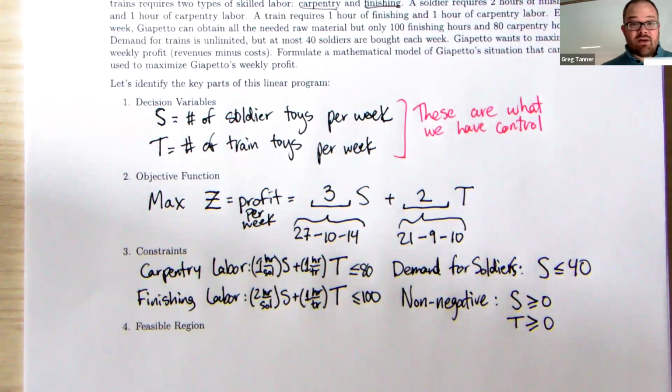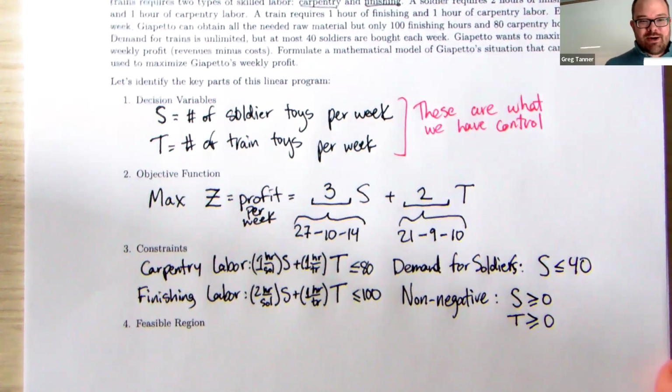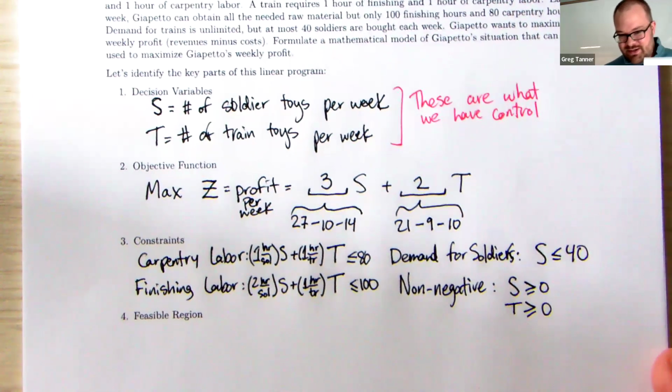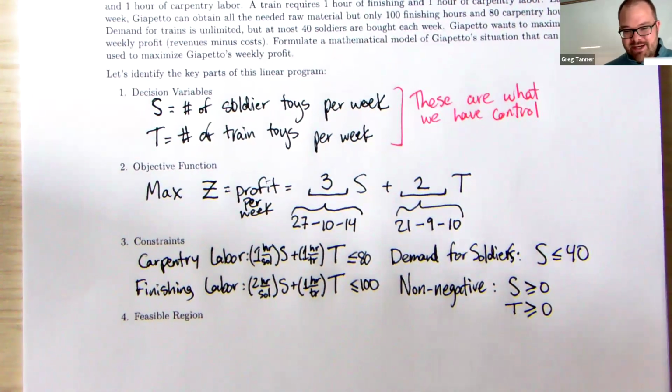We can't sell anti-soldiers or anti-trains and somehow recoup labor from them. So we're not allowed to have negative soldiers or trains.